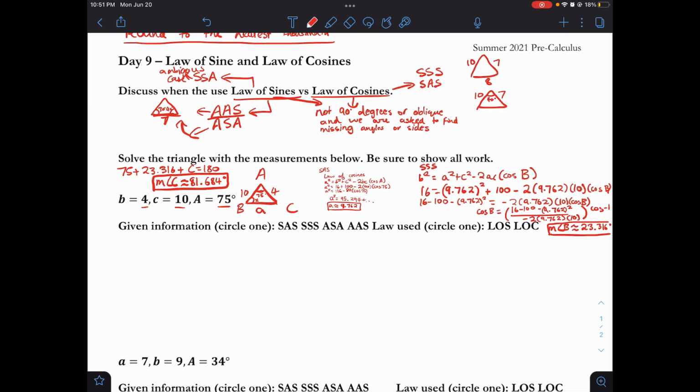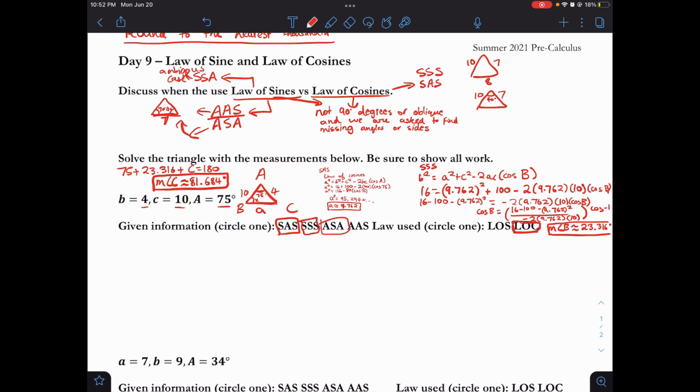Okay, so given information, circle 1, and law used. As I mentioned, if we're given SAS, the law we use is the law of cosines. And let's say we're given SSS, the law we use is again the law of cosines.